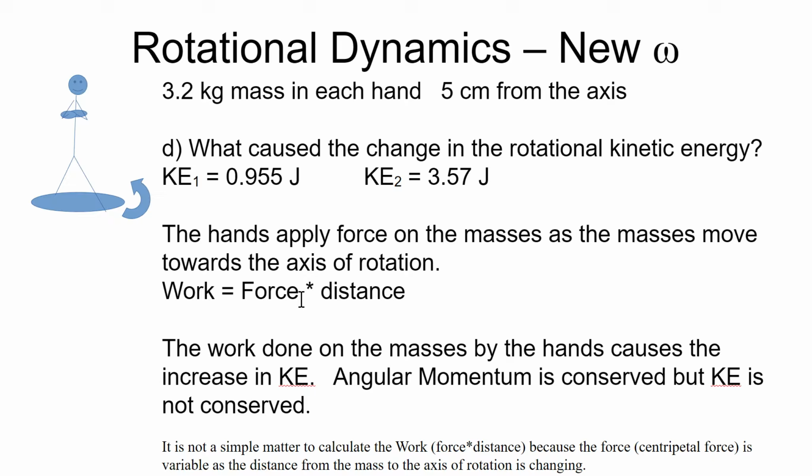Centripetal force is mass times v squared divided by r, and the r is changing, the v is changing. It's not a simple calculation, so I'm not going to do that calculation. I'll just give you the reasoning. Work has been done by Nate's hands on the masses, moving them towards the axis of rotation. There is an increase in the kinetic energy of the system.